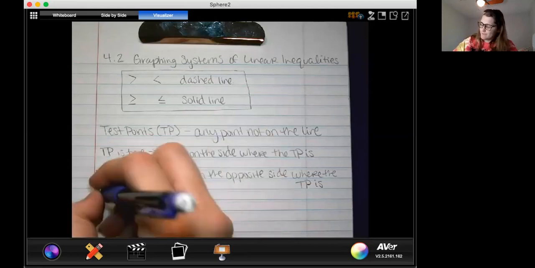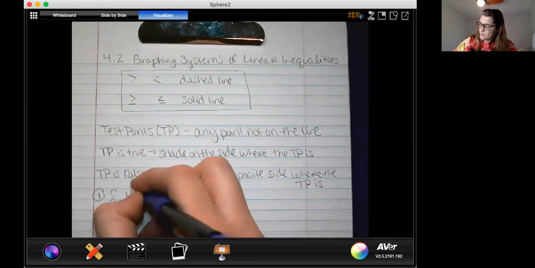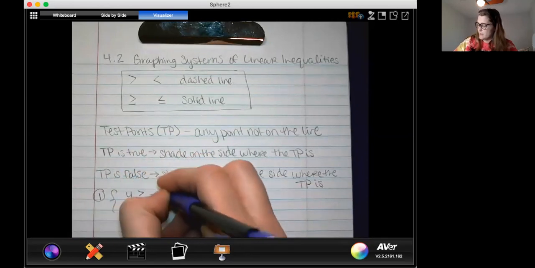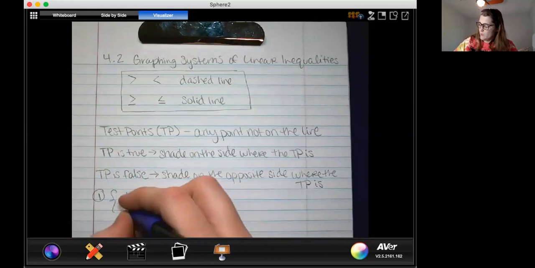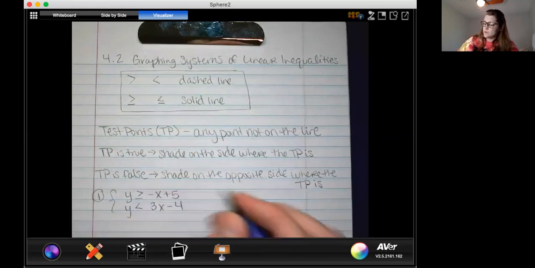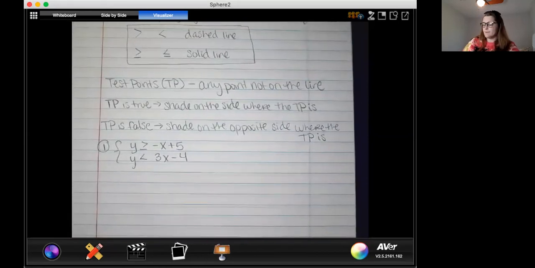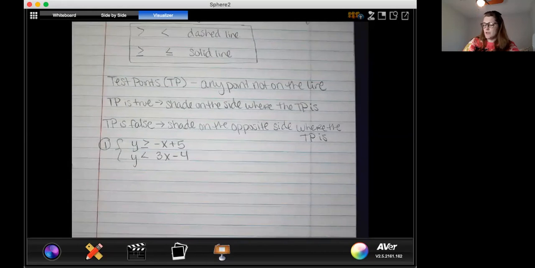So number 1 is y is greater than negative x plus 5 and y is less than 3x minus 4. So before we get started on graphing these two inequalities, I want to clarify that with inequalities, we don't have one single point that is the answer.